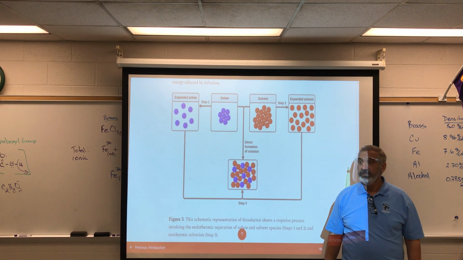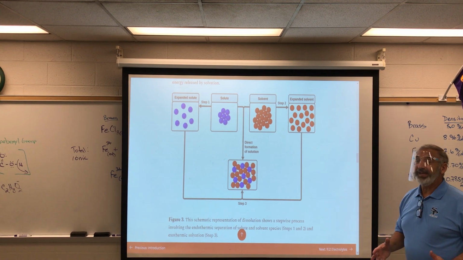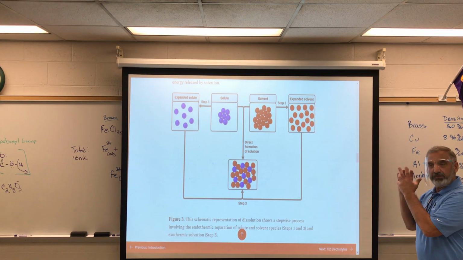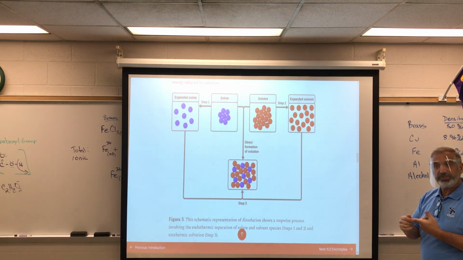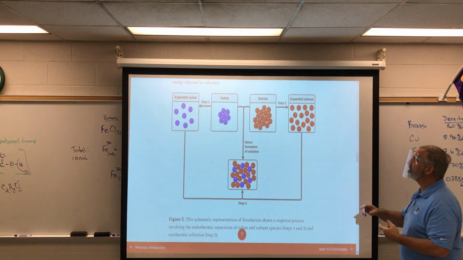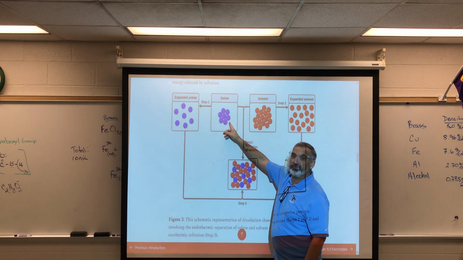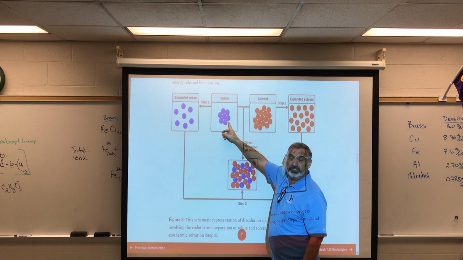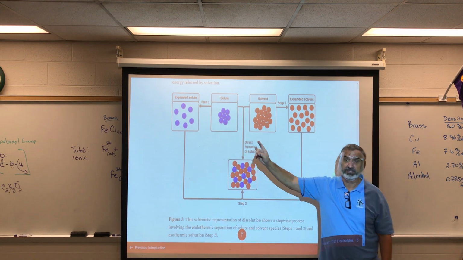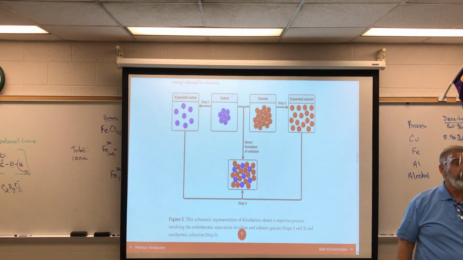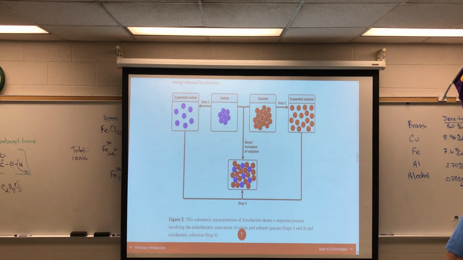Okay? So what we want to look at today are these processes in depth, and look at the energy changes that are occurring and what type of attractive forces we have to break in order to get the solute to break apart. Now that's going to depend upon what type of solute it is, whether it's an ionic solid or a covalent solid. Now how can you know something's ionic or not, right off the bat?